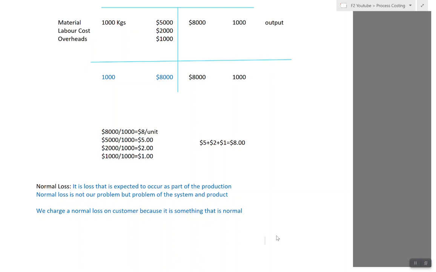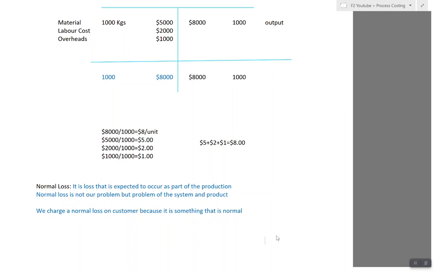For example, if you are extracting juice from apples and you buy 1 kg of apples, the juice is not going to be 1 kg. Obviously it's measured in liters, but if you weighed it, it would not be 1 kg, because while extracting juice, some of it is wasted as pulp. This is what we call normal loss.